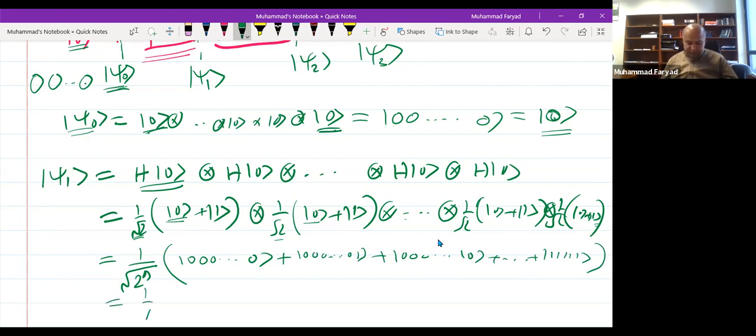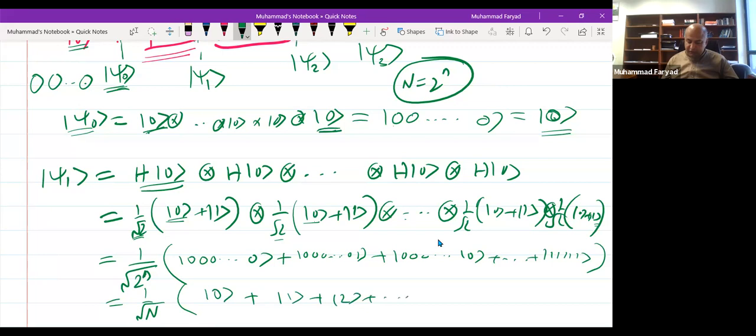And I can write it like this. So this capital N is now introduced to represent this 2 to the power small n. So this capital N is the number of possible inputs. Now let's represent it with its label. So this 0, 0, 0, I can represent with label 0. This 0, 0, 0, 1, I can represent with label 1. 0, 0, 1, 0, I can represent with label 2, and all the way to the last label being N minus 1.